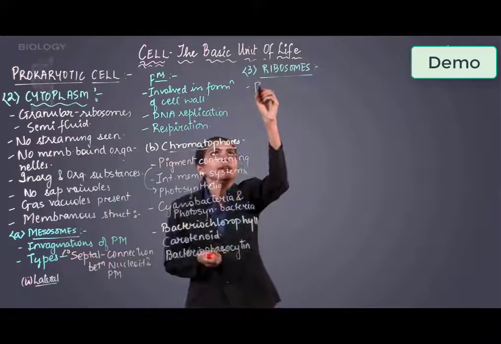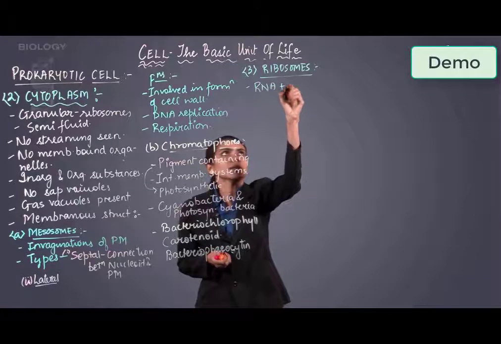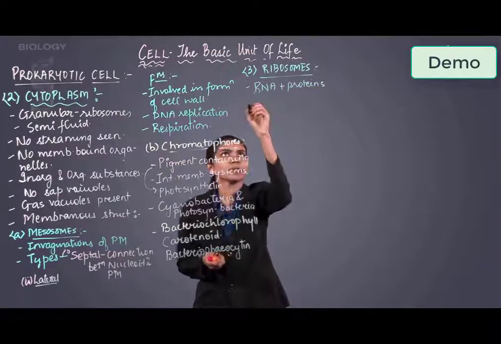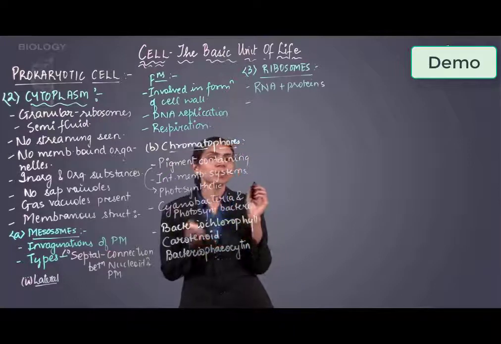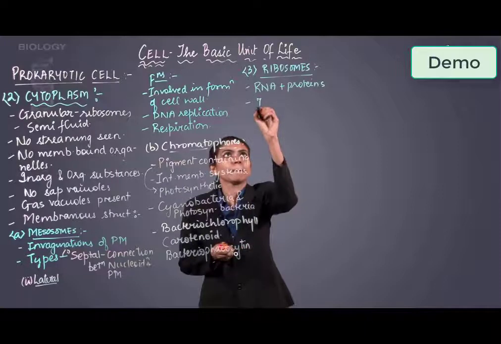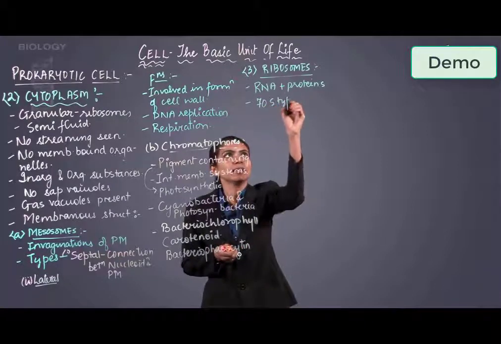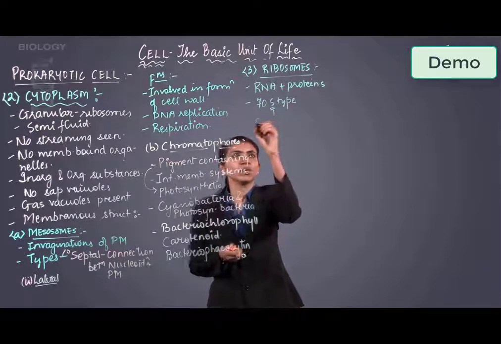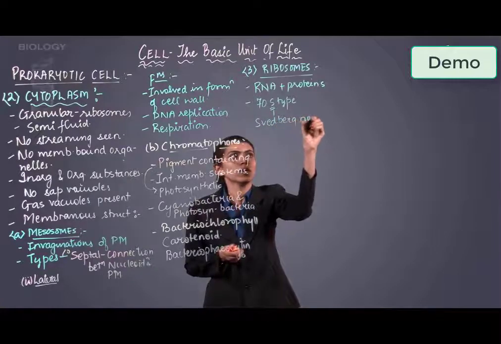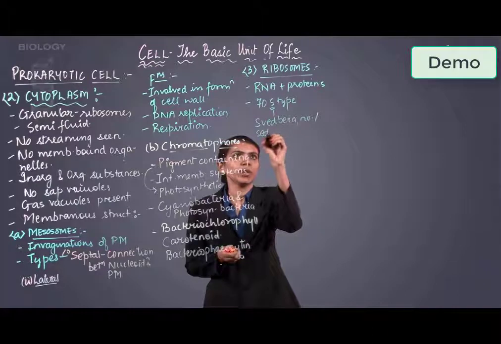So it is the RNA and proteins which are the main components of ribosomes. Now the ribosomes present in the prokaryotic cell are of the 70S type. When I say 70S type, here S stands for Svedberg number, or the sedimentation coefficient.